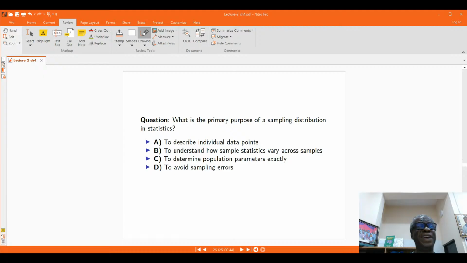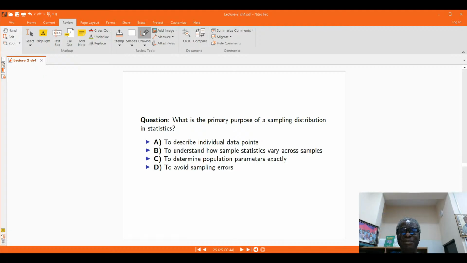So this is the first question. What is the primary purpose of a sampling distribution in statistics?